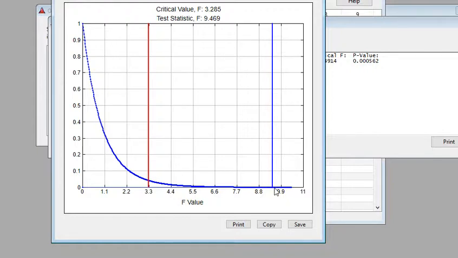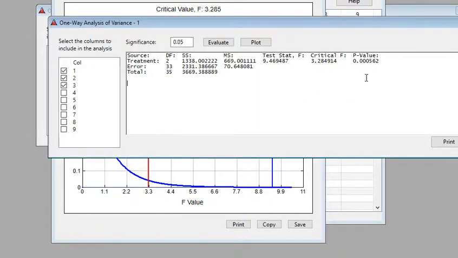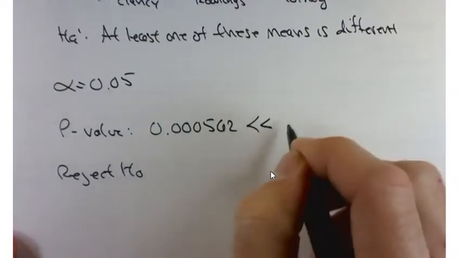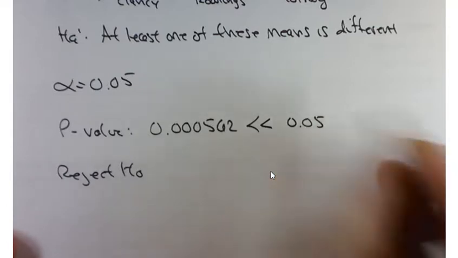And correspondingly, our p-value, which is the probability of getting something this extreme or more extreme, is really, really small. We've got a p-value of 0.000562. So that's way less than alpha, 0.05. So we reject.